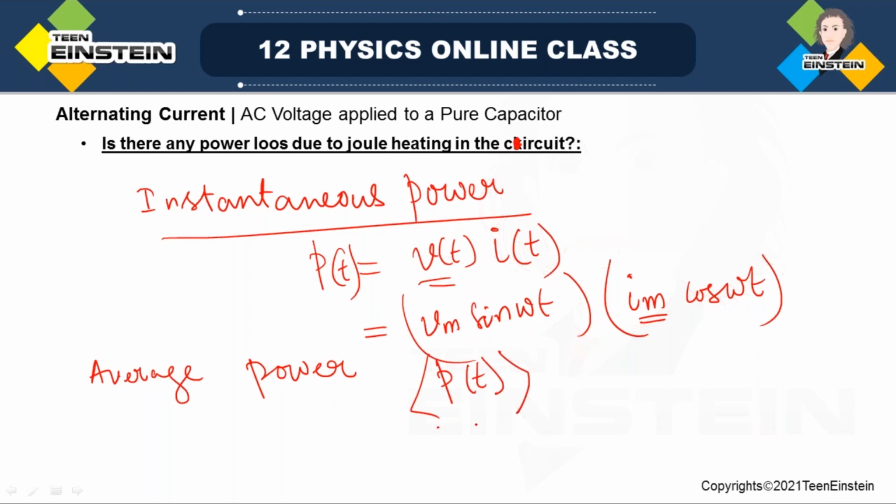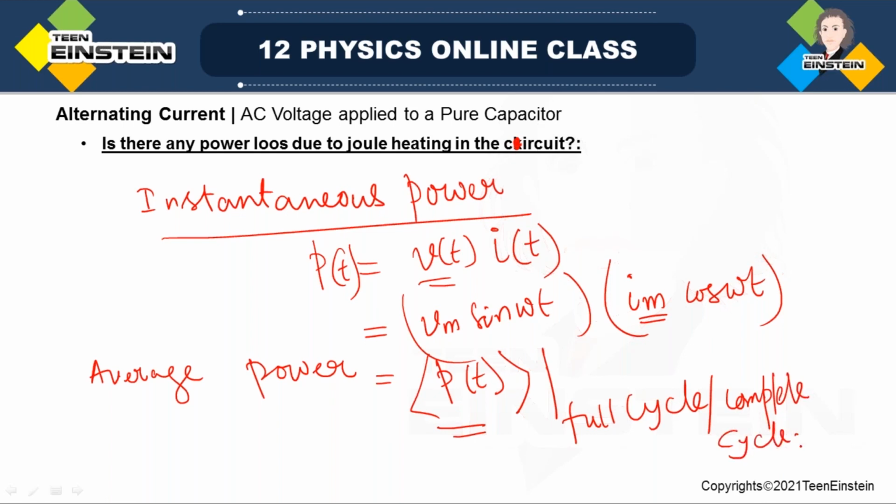But this is over a full cycle or complete cycle. So let us take the average of this instantaneous power.